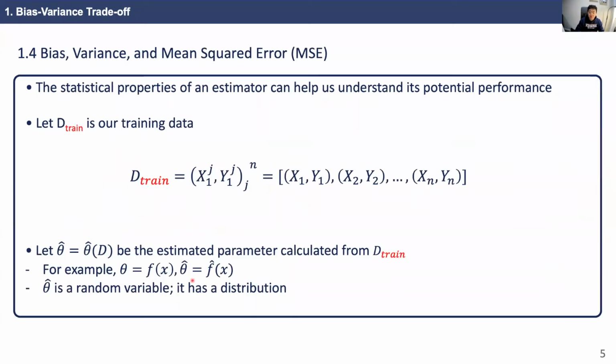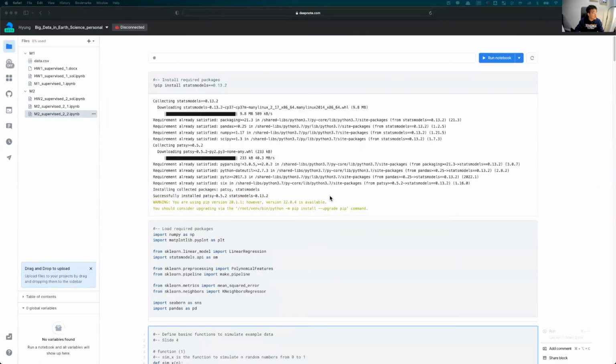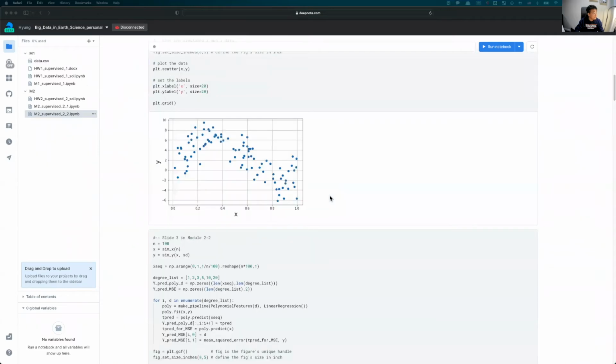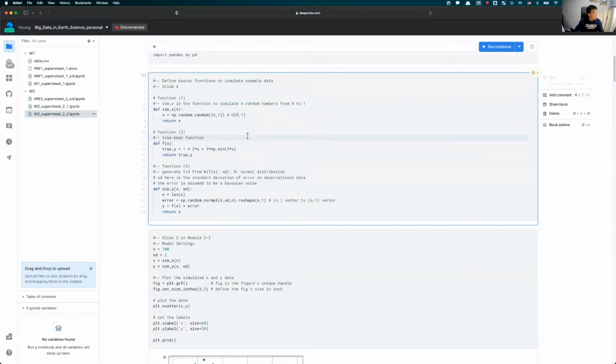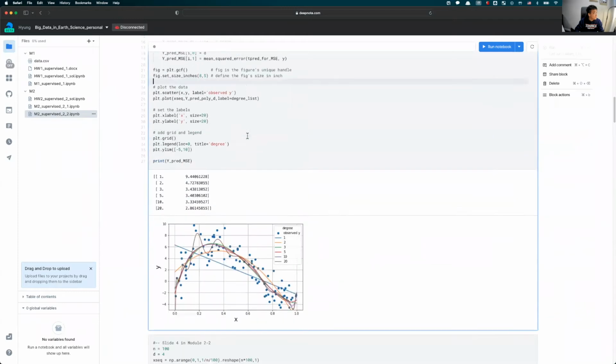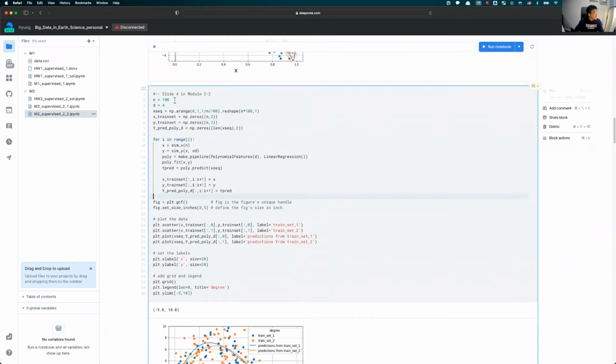So before I move on to the statistical properties, let me show you how I generated these two curves in Deepnote. So we have 100 samples and the degree for the polynomial model is 4.